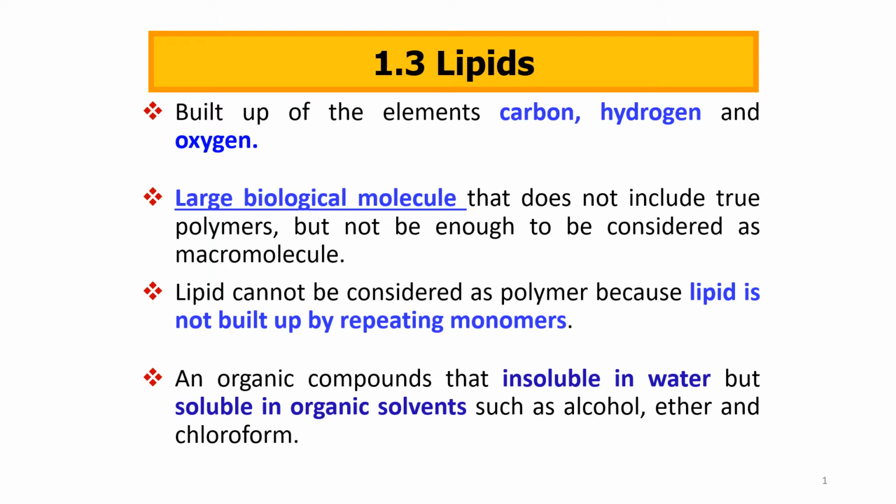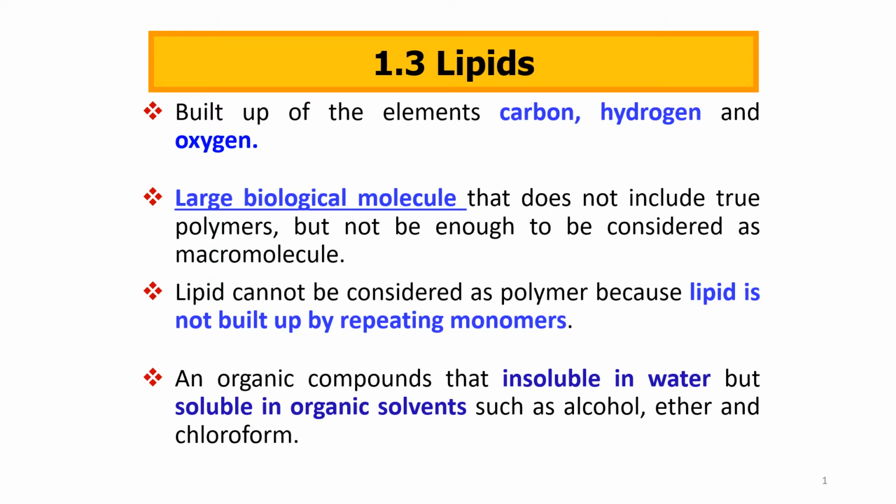Okay, and lipid is considered a large biological molecule which does not include as a true polymer because lipid is not made up of repeating monomers, just like in polysaccharide or protein.